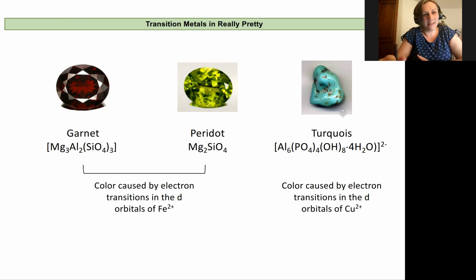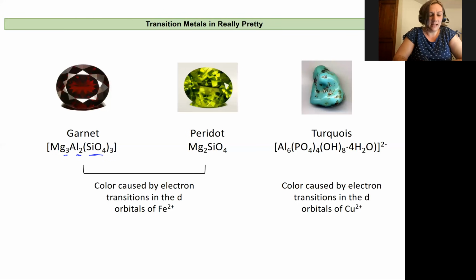So here are a couple examples, and I've got garnet, peridot, and turquoise to talk about, and the chemical formulas underneath them are usually the ones that are generically represented of these categories of gems. But looking at the garnet, which always has this structure of something like this, this 3-to-2 ratio of two different metals, followed by silicon tetraoxide.